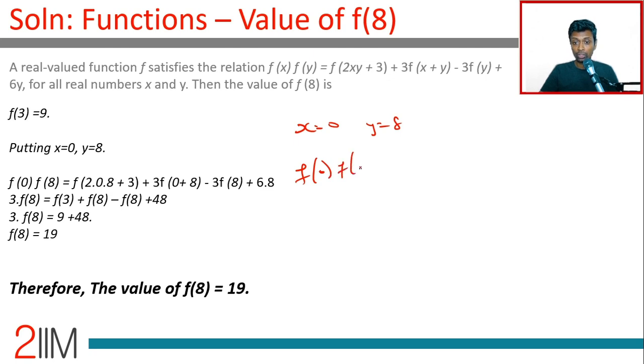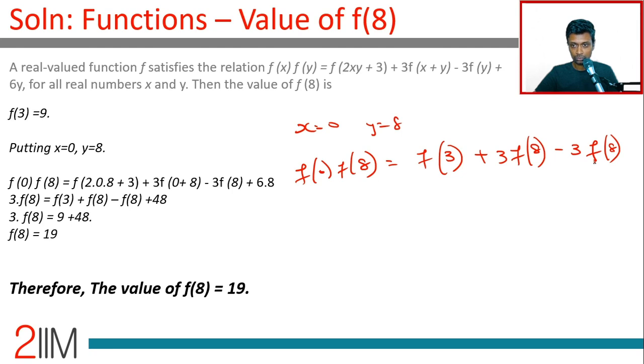f of 0 into f of 8. This is good because we know f of 0 is 3. f of 2 into 0 into 8, so this becomes f of 0, which is 3, plus 3 into f of 8, minus 3 into f of 8, plus 6 into 8.